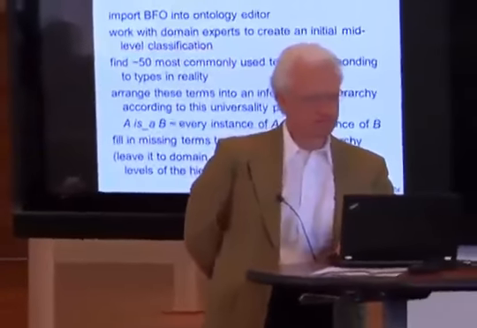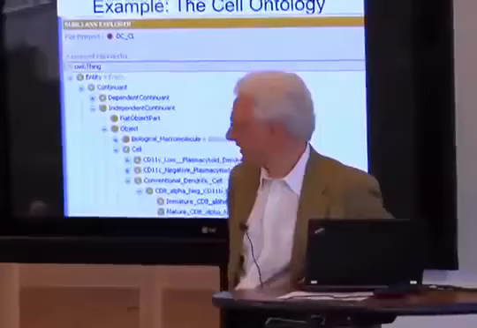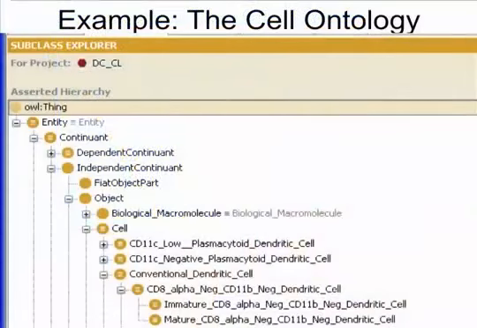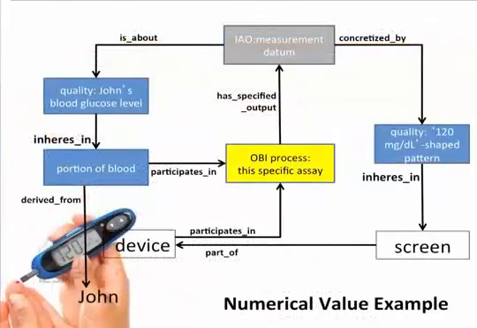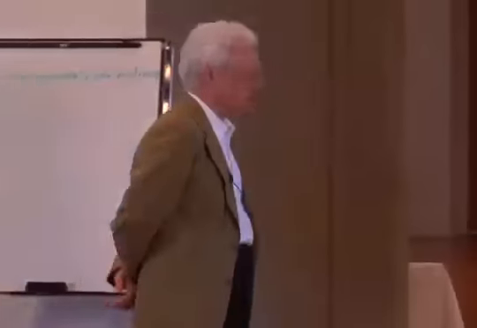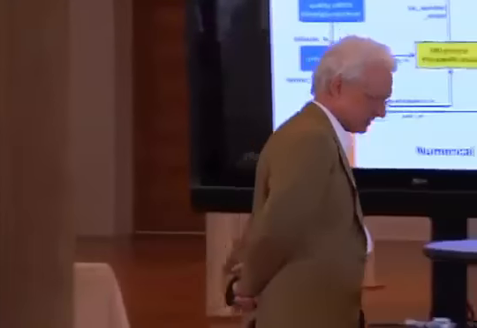Now, I showed you this picture earlier. So this is what happened with the cell ontology. This is a picture which shows you how the relations work. And I'm presenting this picture now because it's bringing us towards the main topic of the afternoon, which is how we deal with data about instances.